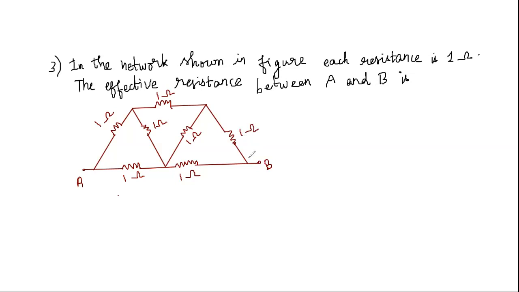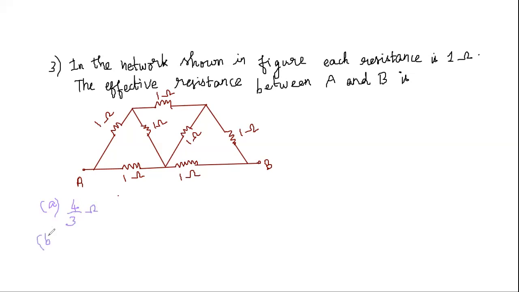You have to find out the effective resistance between points A and B. Effective resistance means the total resistance between points A and B. For that, I will be writing the options. What are the options here? Option A is 4 by 3 ohm.